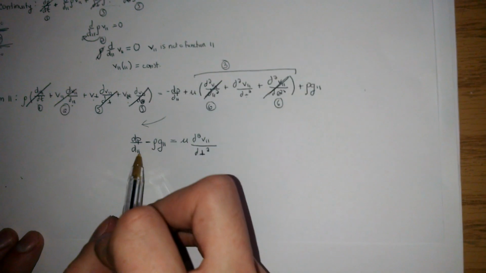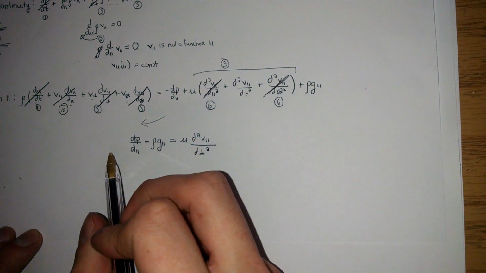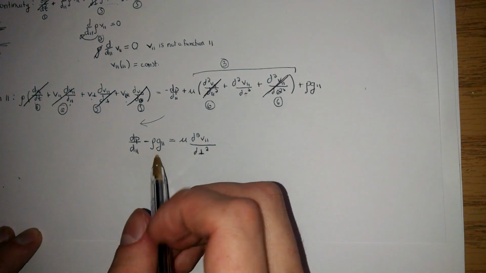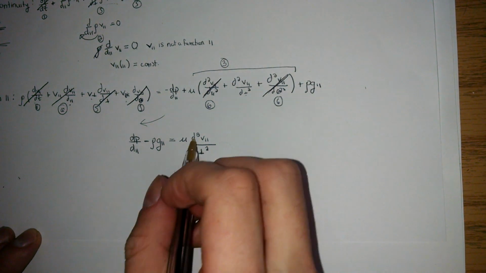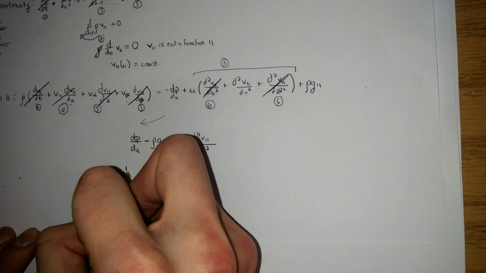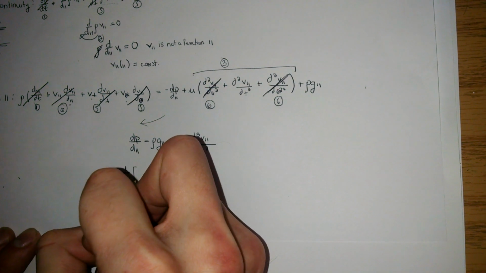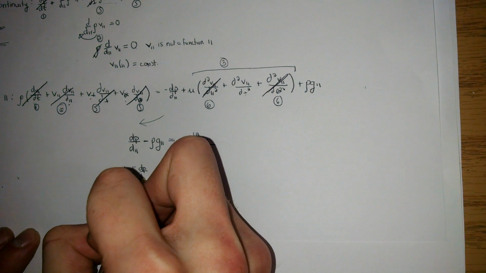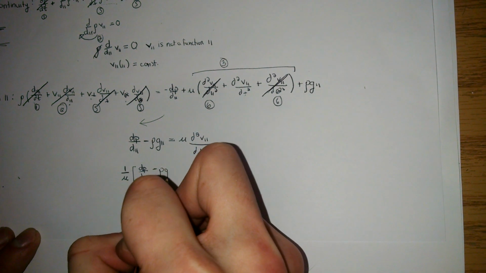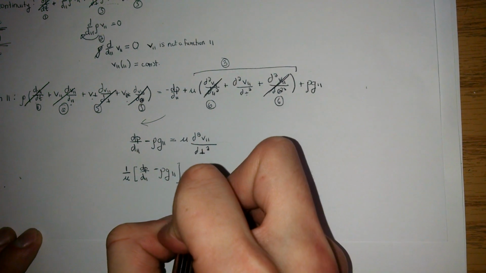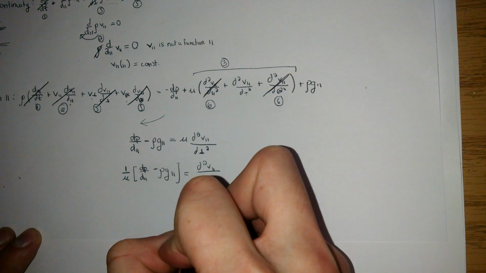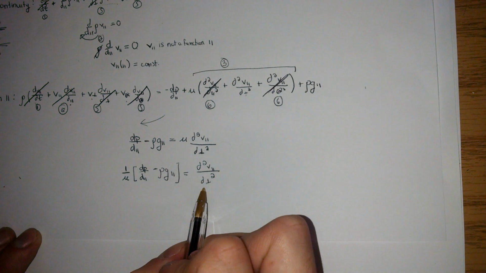So nothing over here depends on the perpendicular component, so we could simply integrate this. Should probably move this over first. So 1 over mu times (dP/d parallel minus rho g parallel) equals the second derivative of the velocity in the parallel direction with respect to the perpendicular direction.